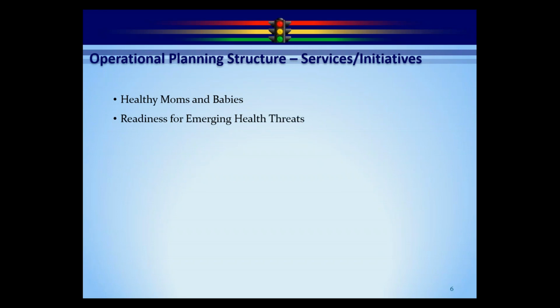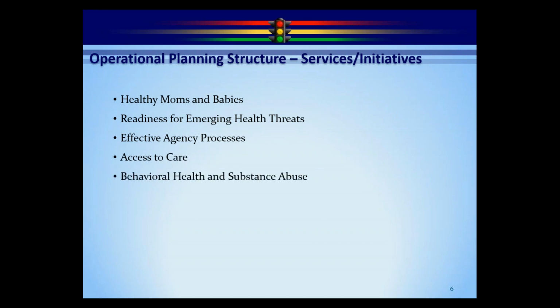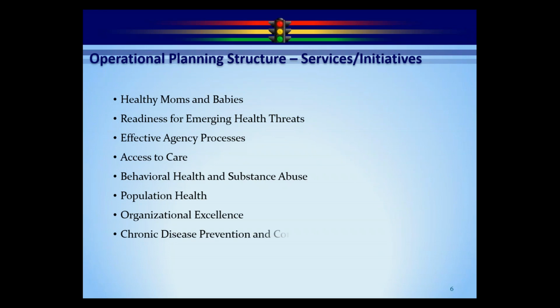Readiness for emerging health threats, effective agency processes, access to care, behavioral health and substance abuse, population health, organizational excellence, chronic disease prevention and control, health disparities, and then tobacco cessation would be our initiative under here. So I think you can see how these are just groupings of specific plans that would be following underneath here.